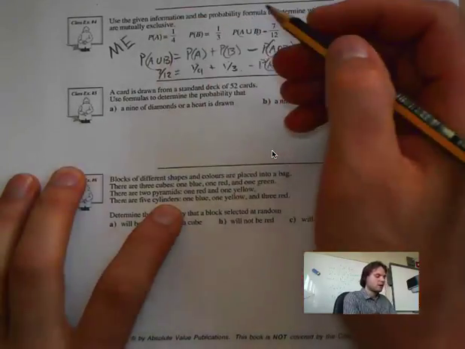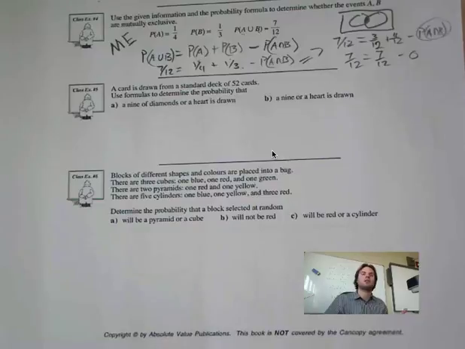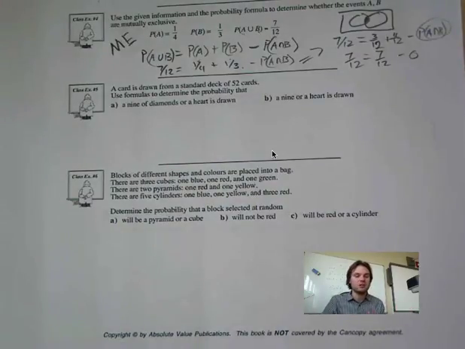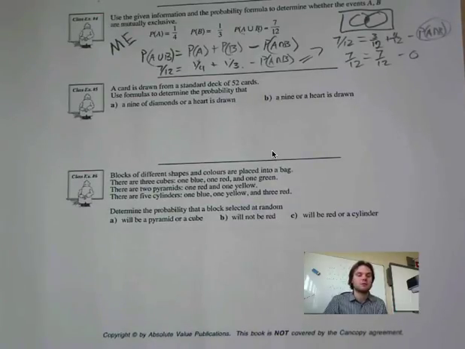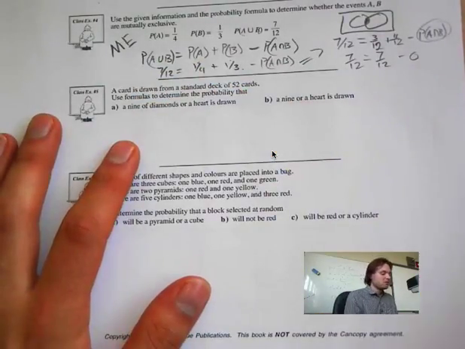So, can there be any cards? Is a 9 of diamonds in the hearts? No, a 9 of diamonds is not in the hearts. Okay, so if we look at this, what is the probability of getting a 9 of diamonds?